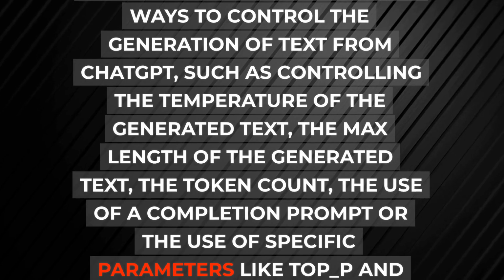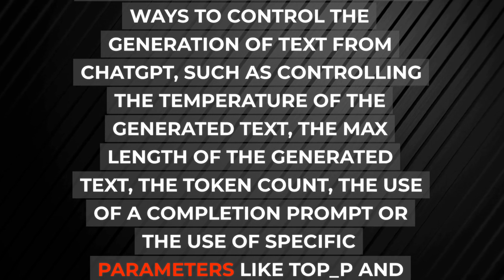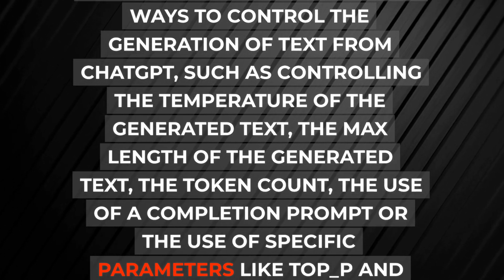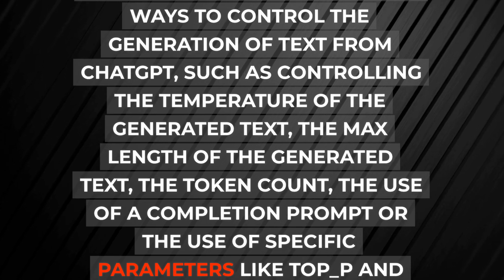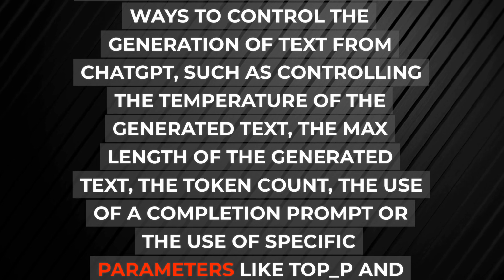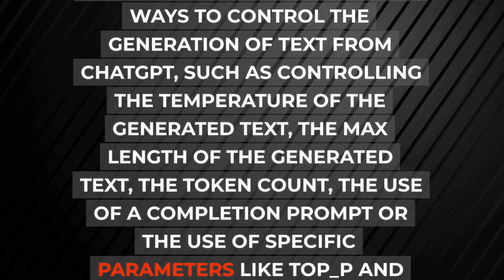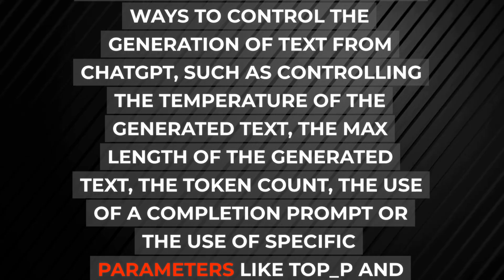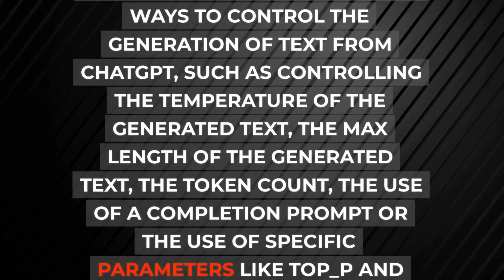How can I control the generation of text from ChatGPT? There are different ways to control the generation of text from ChatGPT, such as controlling the temperature of the generated text, the max length of the generated text, the token count, the use of a completion prompt, or the use of specific parameters like top_p and top_k to adjust the level of specificity or token sampling.